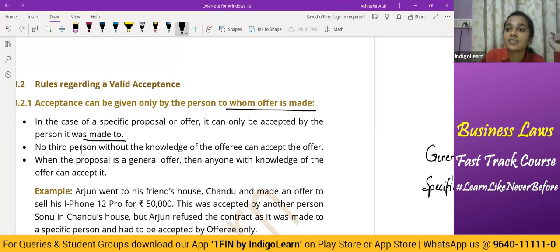However, if it is a general offer, then anyone who knows about the offer can accept it. Is the first condition clear? Acceptance can be given only by the person to whom the offer is made and no one else.